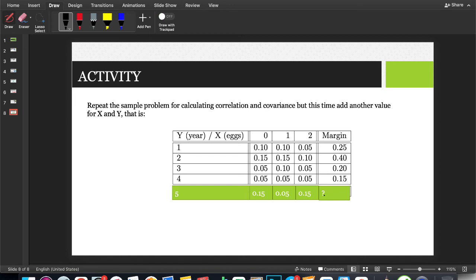Remember guys that the numbers here in the fifth column were obtained by simply adding these numbers. So that's 0.1 plus 0.1 plus 0.05, you'll get 0.25, 0.15 plus 0.15 plus 0.1, you'll get 0.4, and so on and so forth. With a question mark placed here, you can obtain that by simply adding these 3 numbers.